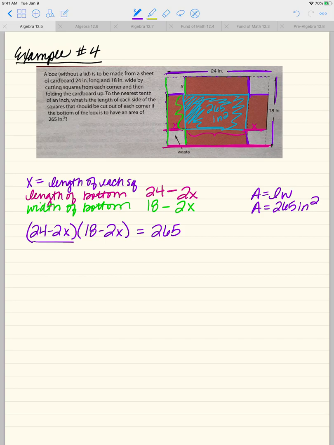When you FOIL this out, you get 432 minus 84x plus 4x squared is equal to 265. I'm going to set that equal to 0 by subtracting 432 from both sides.